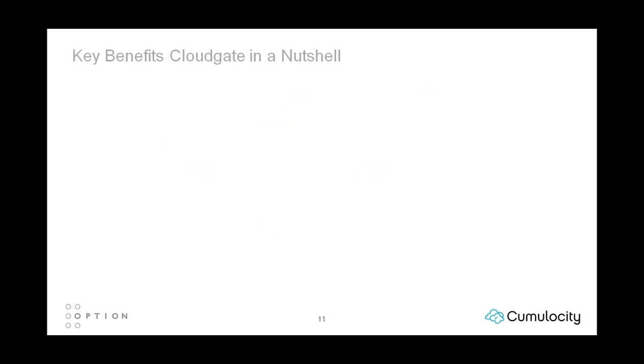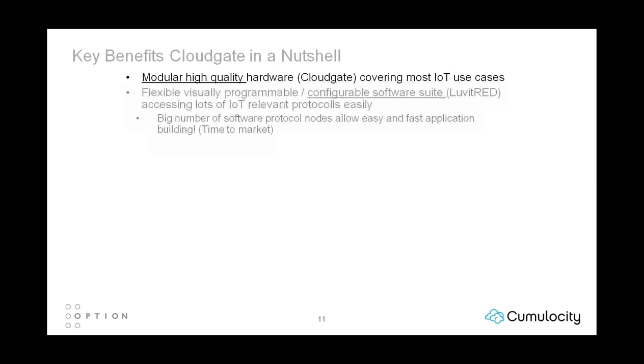So to put it in a nutshell, before Martin shares with you the real how it works, the Cloudgate is a modular platform. It is high quality, and it covers most IoT use cases. LuvitRED is flexible, visual, programmable, configurable software.